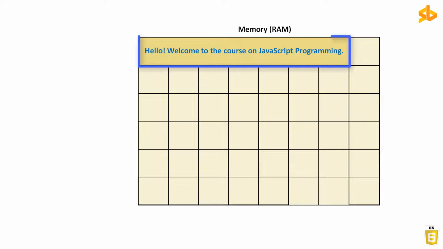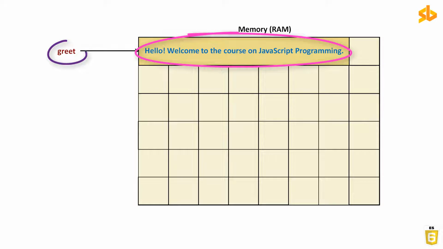Say it's stored in these particular blocks in memory, and the identifier greet represents this value as a whole in memory. This is the value, and this is the identifier or variable name of this value, which now we can use anywhere we want. That is, we can use this identifier or variable name wherever we want to access this long text value.